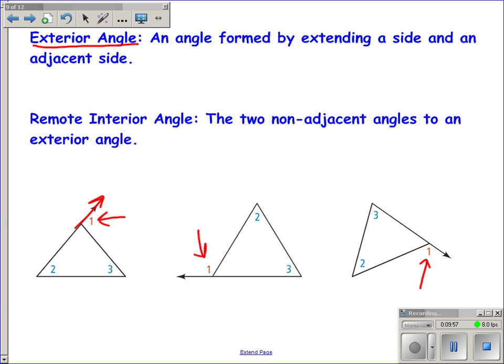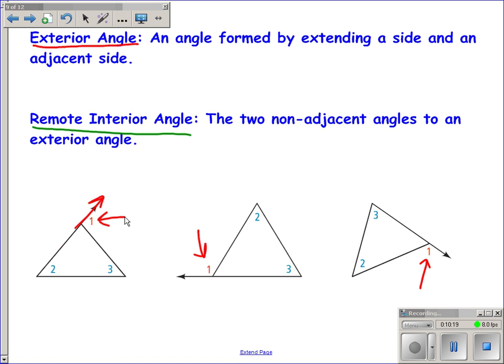Okay, now you would guess that interior angles are the angles that are on the inside, okay? But the remote interior angles, if you think about a remote for your TV, the remote is something you use from far away, okay? So the remote interior angles are the angles that are further away from that exterior angle.